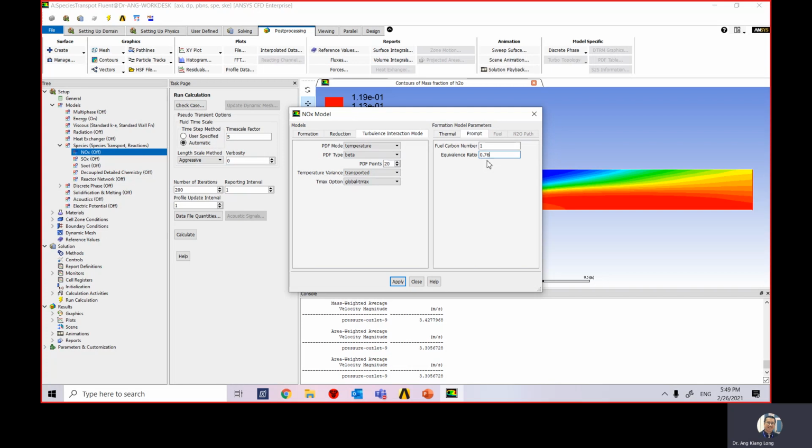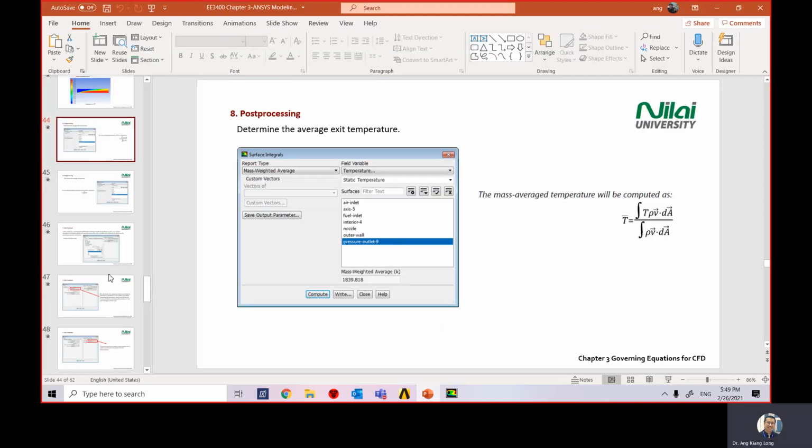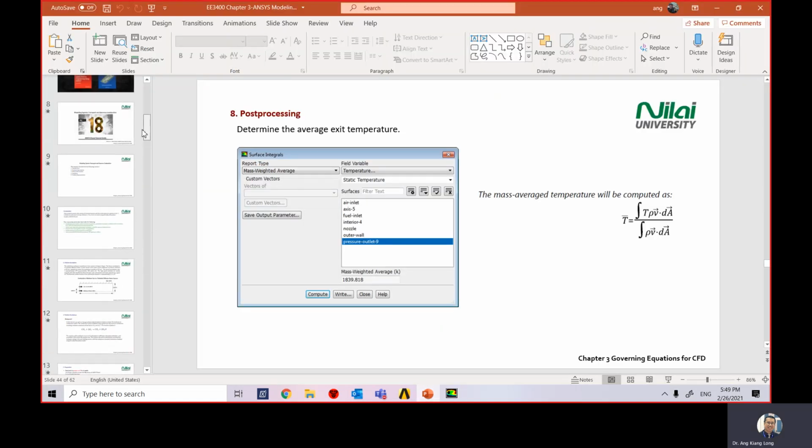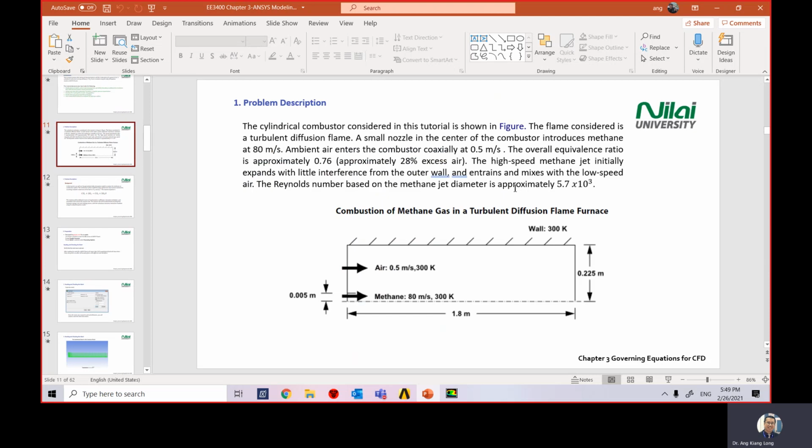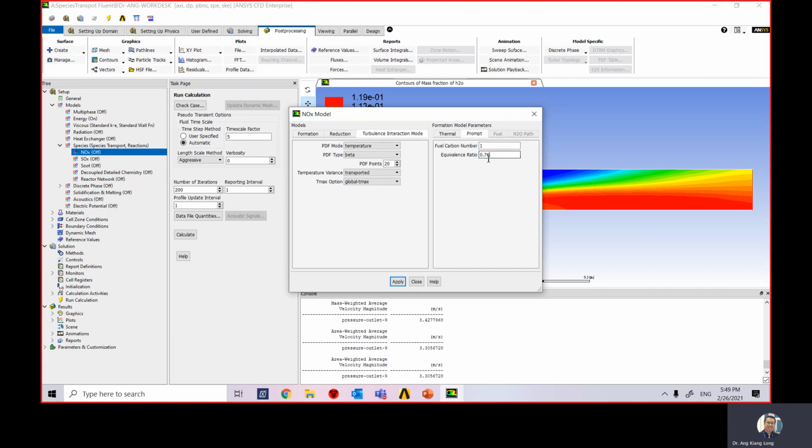So we have 0.76 here. If you go to the statement of the scenario that we have, we have an overall equivalence ratio of 0.76. So this is the information we use over here. That's why we use 0.76 here for the prompt NOx pollutant model. Okay, 0.76 here.